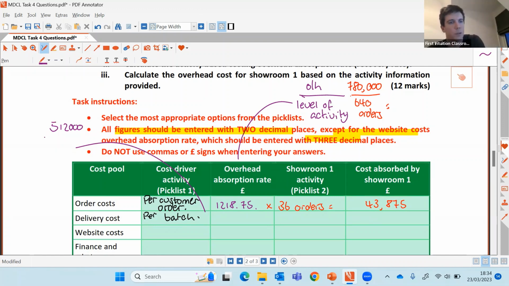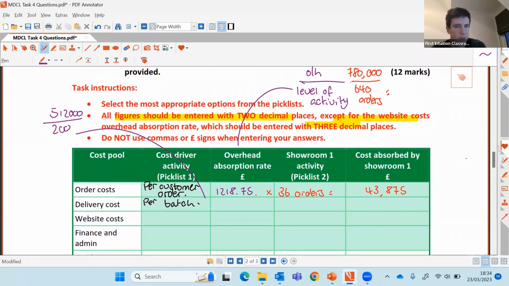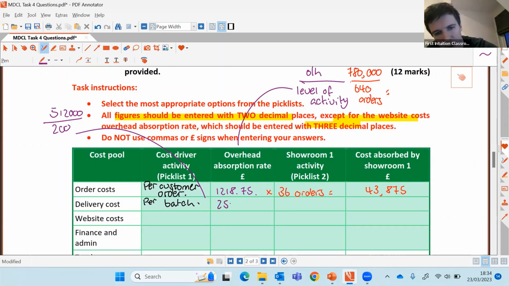You take your 512,000, you would divide by the fact that there are going to be 200 deliveries. 512,000 over the 200 batches delivered gives you 2,560 per delivery.